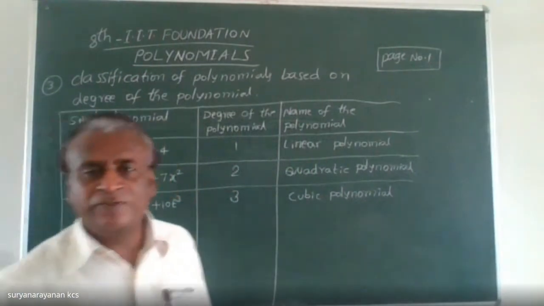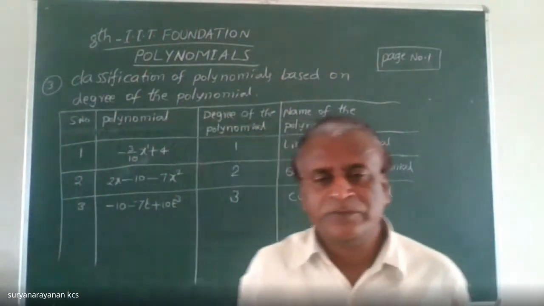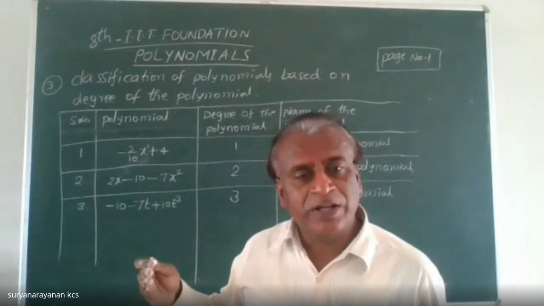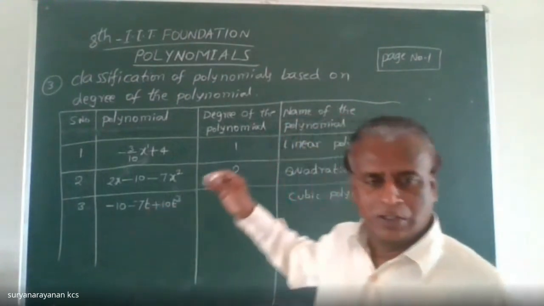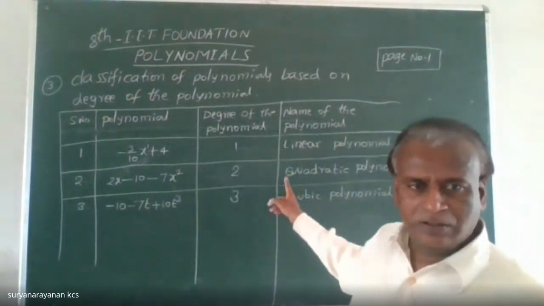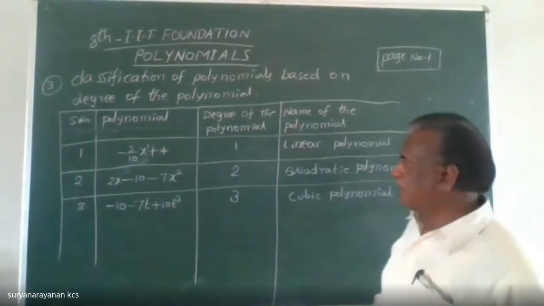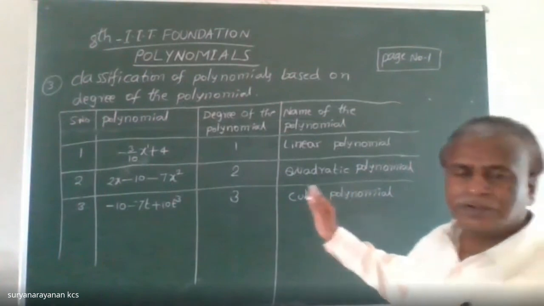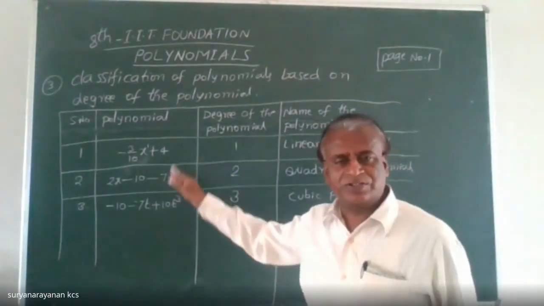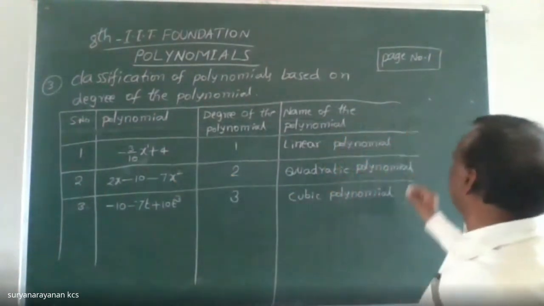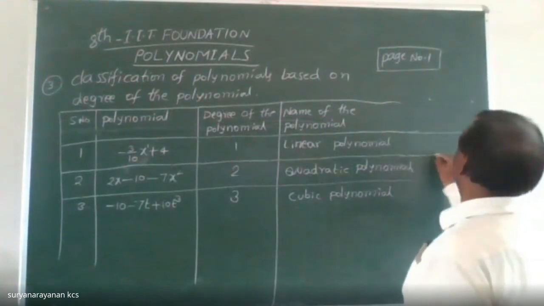So, if the degree of a polynomial is 3, it is a cubic polynomial. Here I am not writing the definition of linear polynomial or quadratic polynomial or cubic polynomial. Just I am giving the examples, and I will give the general form.